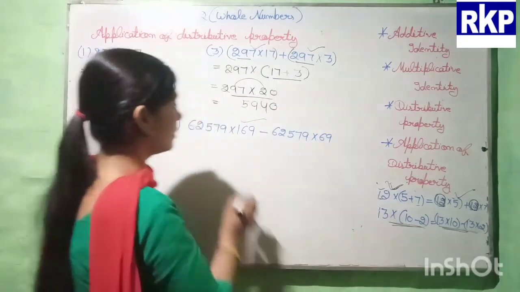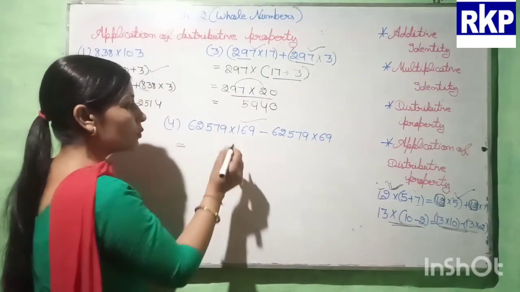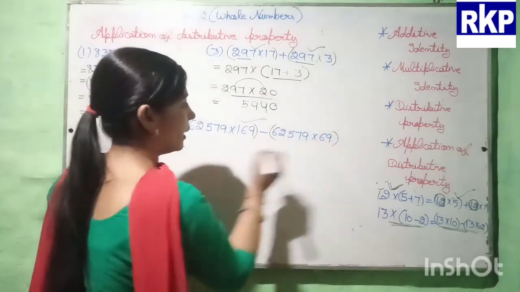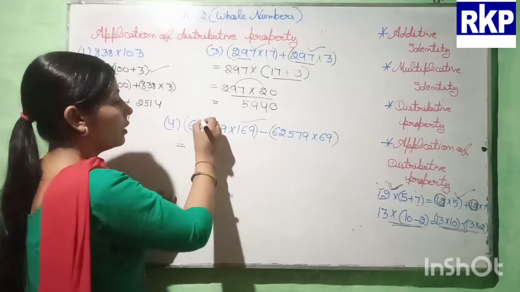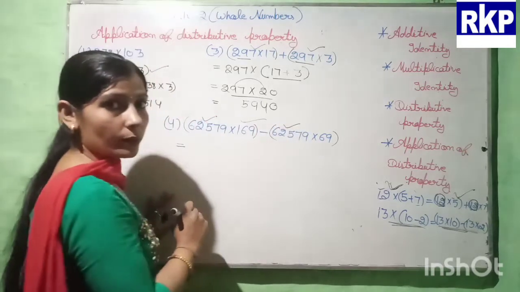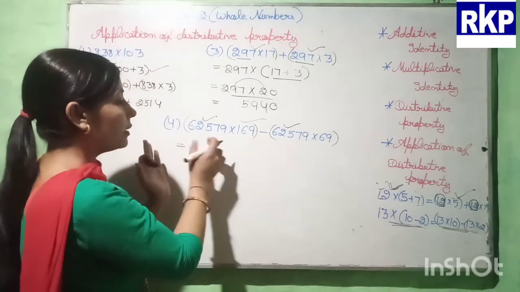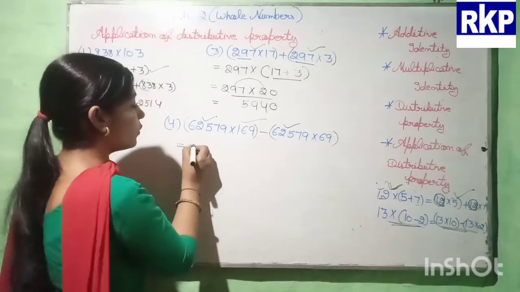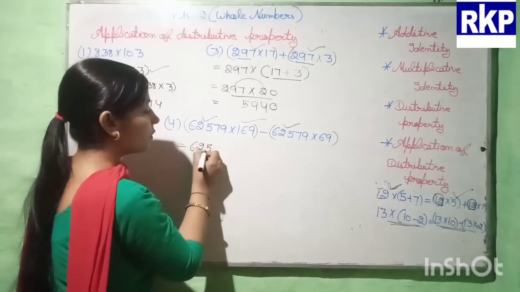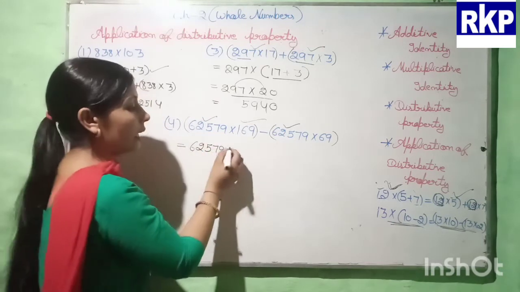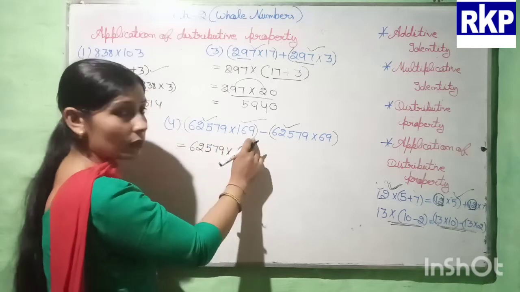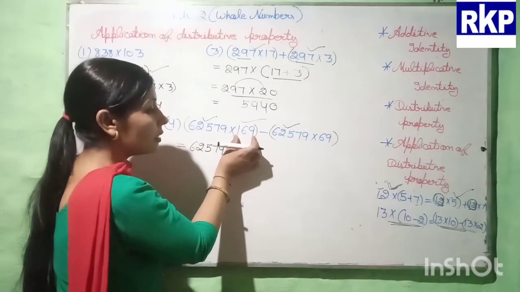So here also first we have to take the common. First we will put the bracket here and here. Now we need to take the common from both, and here 62,579 is common. So first we will write 62,579, then the sign of multiplication, and now here, beta, from this bracket 169 is left.